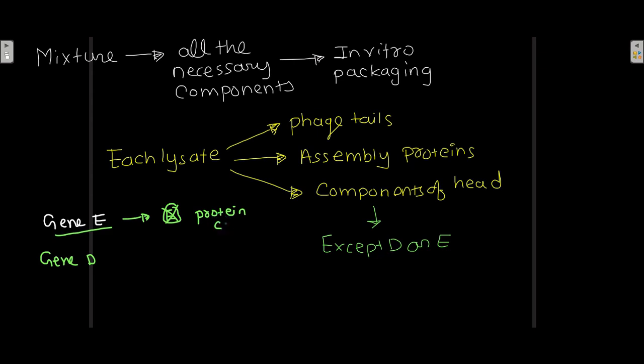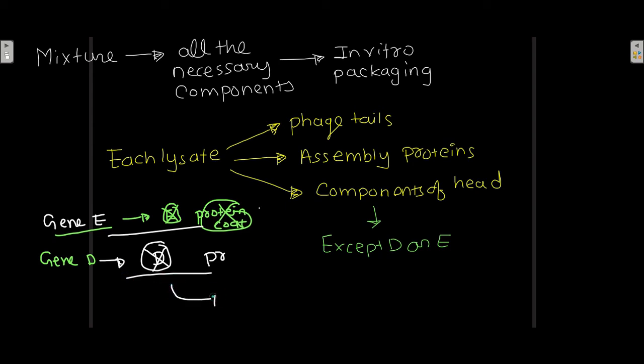And in the second strain, gene D is mutated, so the D protein will also not form in that culture, and again the protein coat will not form because D protein was also essential.